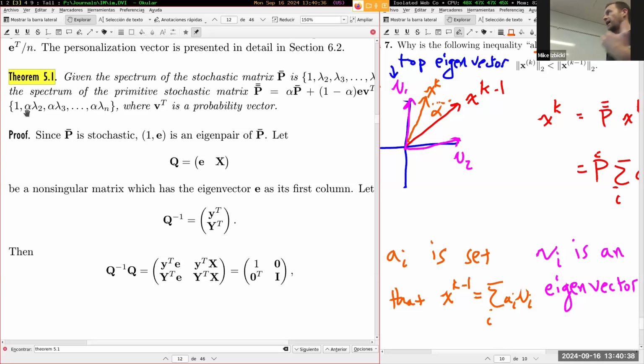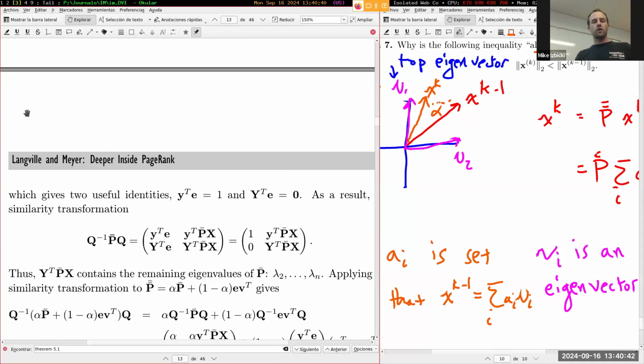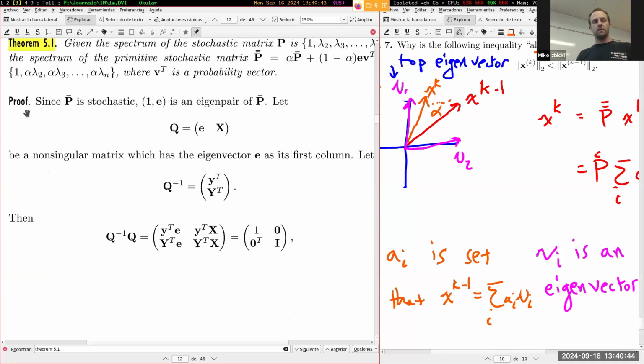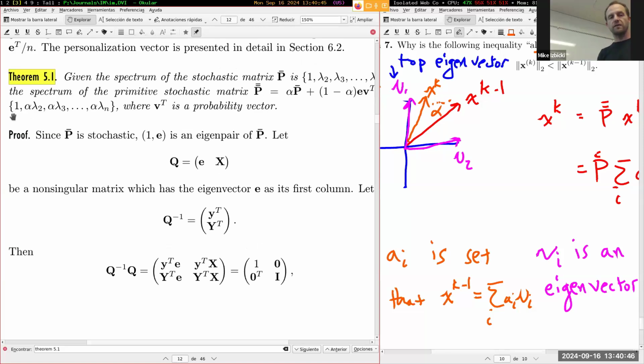And the proof of why that is the case is this whole proof down here, which you're welcome to read through, but I'm not going to talk about that in class. You're not required to know that. You're required to know the implications of the statement of theorem 5.1 here, how to understand that. So that's just the literal answer of why this is called the top eigenvector, because it corresponds to the top eigenvalue.